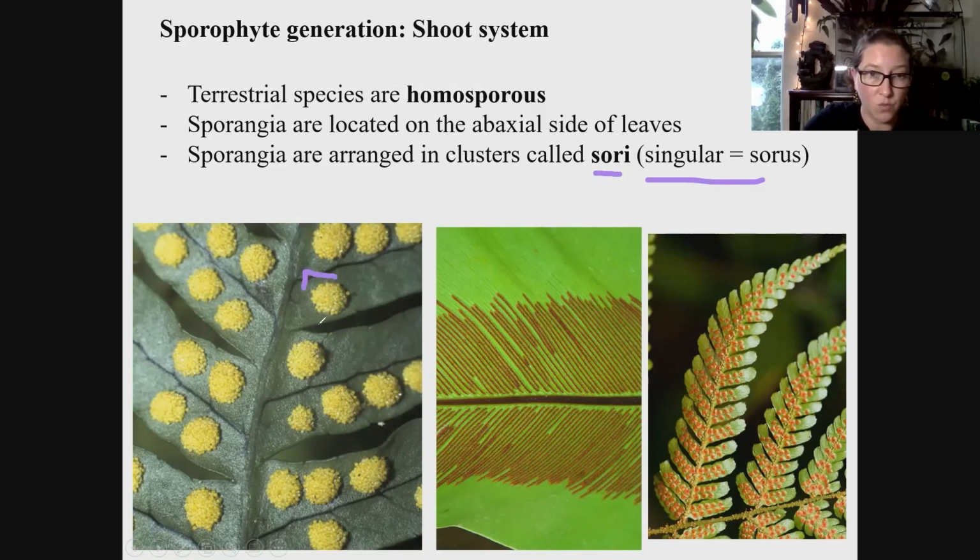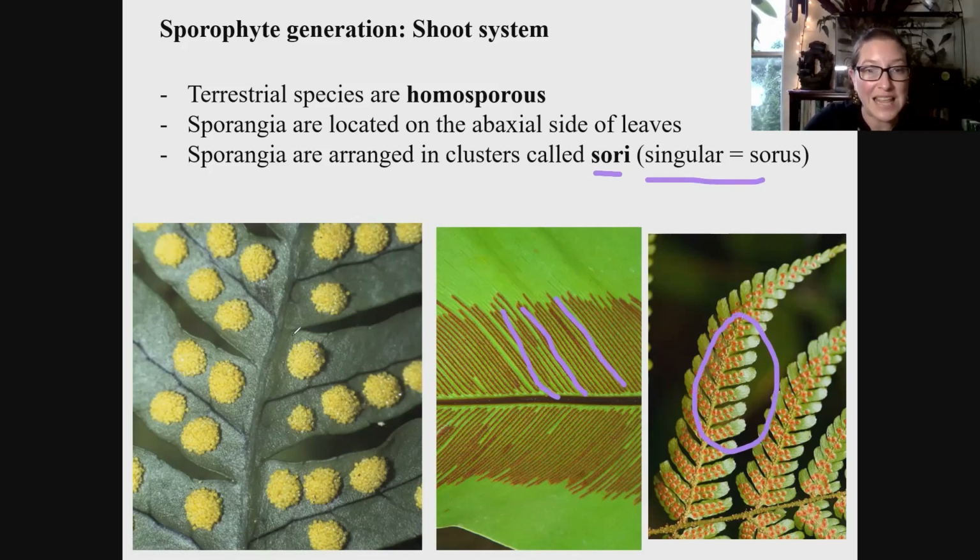So this is 1 sorus. This is 5 sori. Sometimes sori can be in the shape of little round balls. Sometimes a sorus will be in lines. Here's another example where the sori are kind of orangey in appearance.